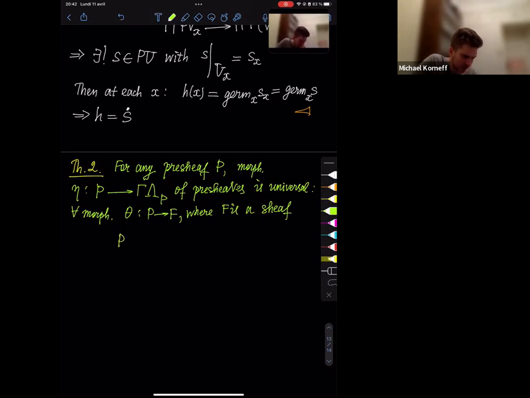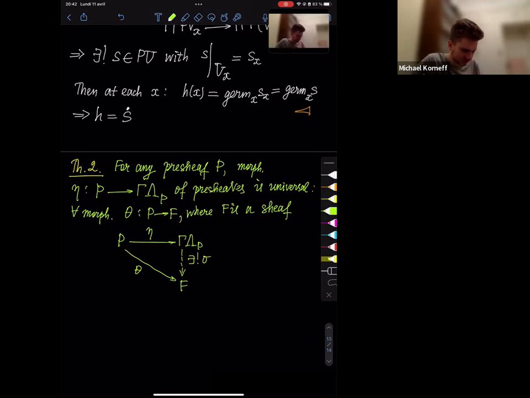The map from P to F factors through eta, and there exists a unique map sigma such that the following diagram commutes. Okay.